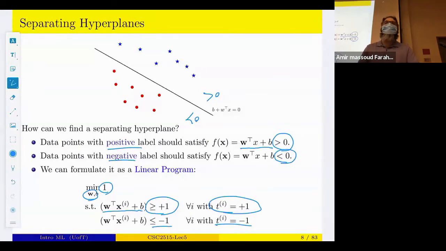This +1 or -1 is, at this stage, arbitrary. We could choose any, say, +C and -C for C that is positive. That would be the same. Here I just chose C to be constant equal to 1.